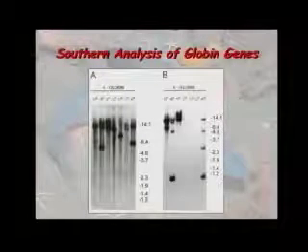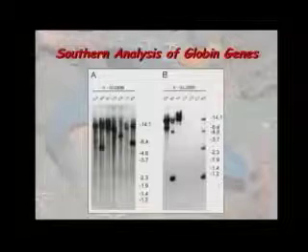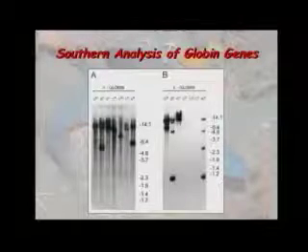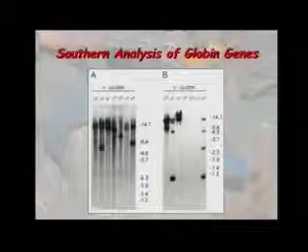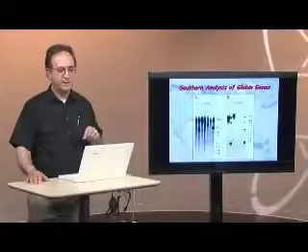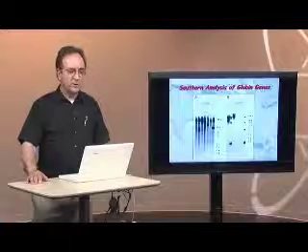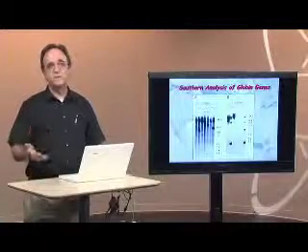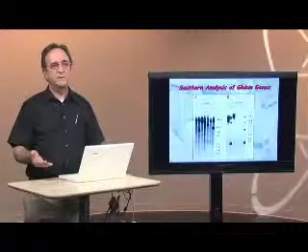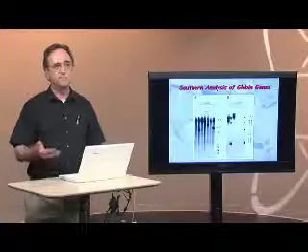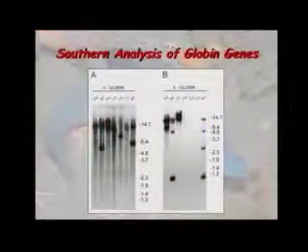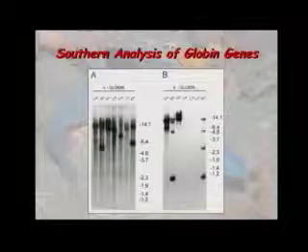For alpha globin, what you can see is a detectable band for each of these species, indicating that they have at least some part of an alpha globin gene in their genome. If you look at the right-hand panel, for beta globin, you can see that there's no signal for any of the icefishes. This is very strong presumptive evidence that the beta globin gene has been lost from the genome.